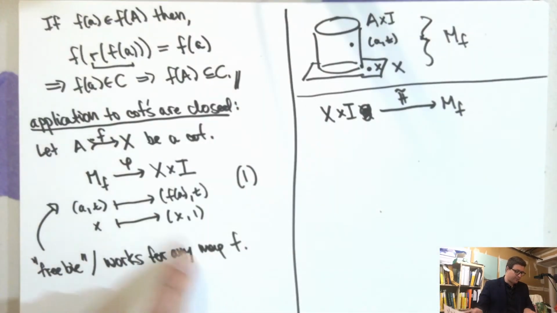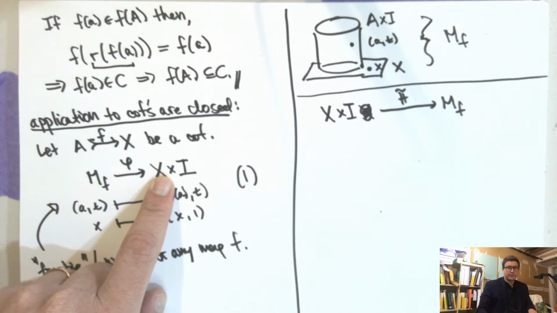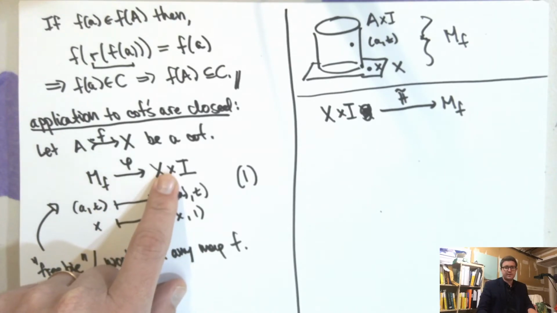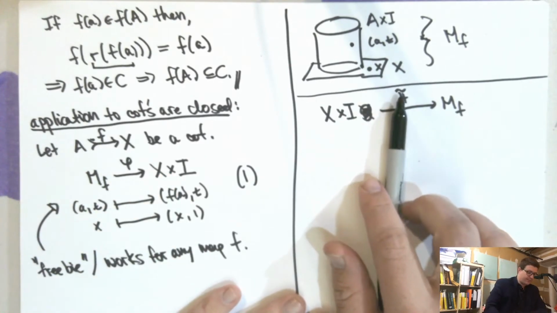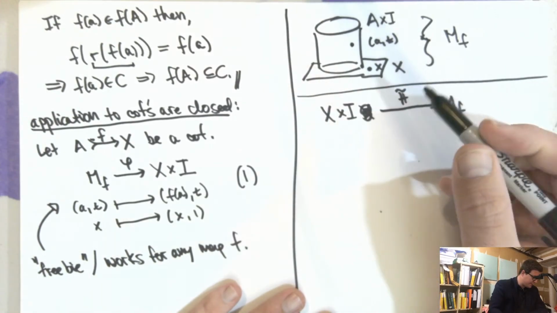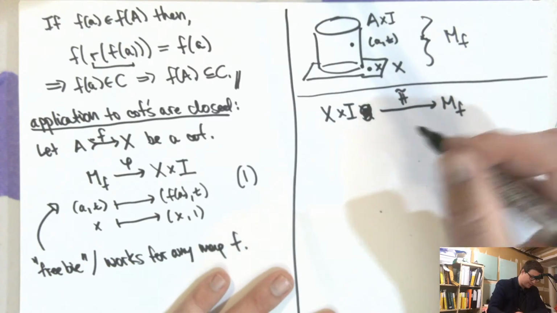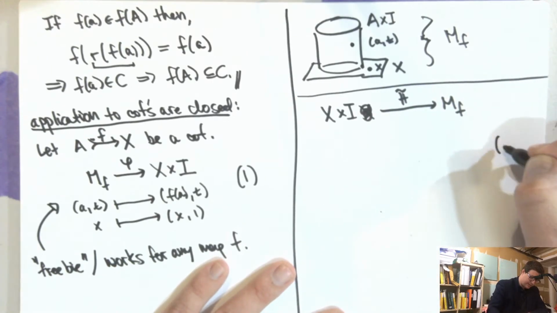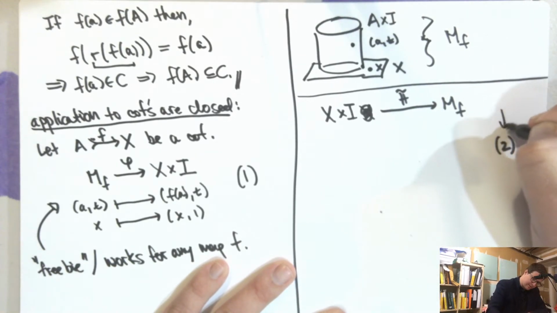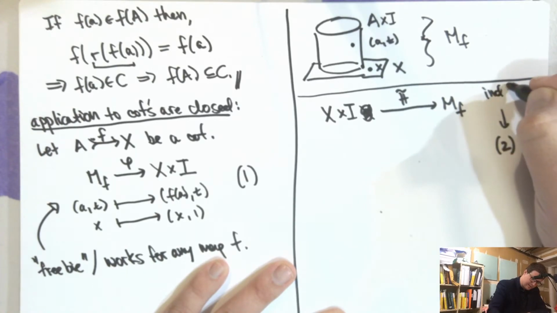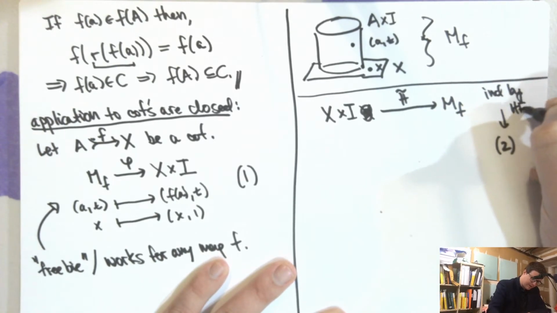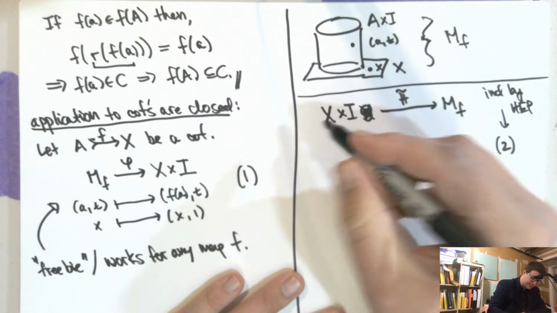We're going to end up proving that this is a closed subspace. This map is induced by the homotopy extension property. Let me write out what the homotopy extension property is.